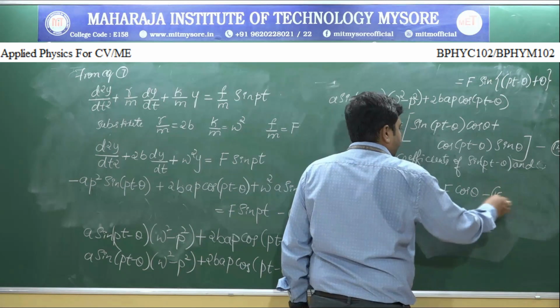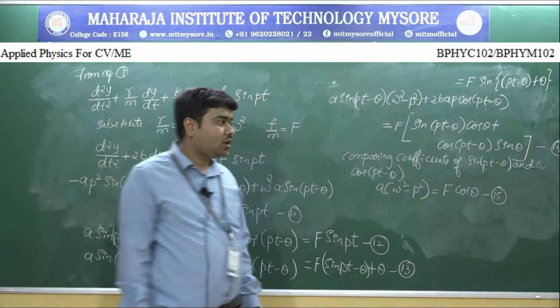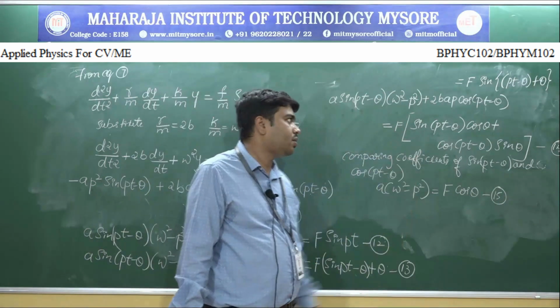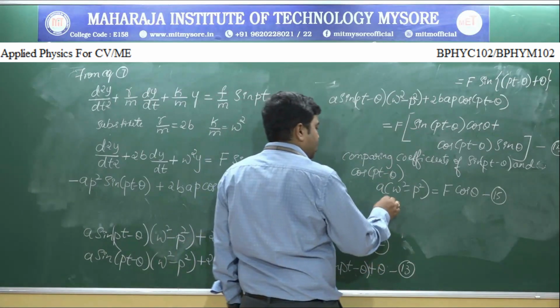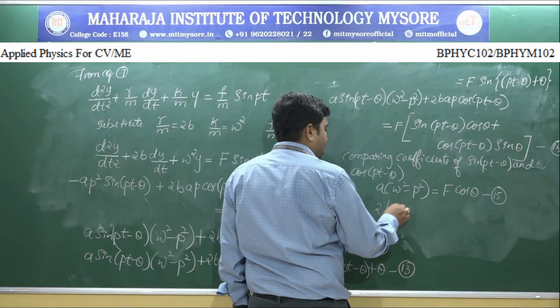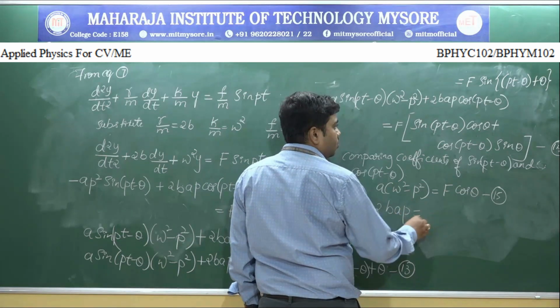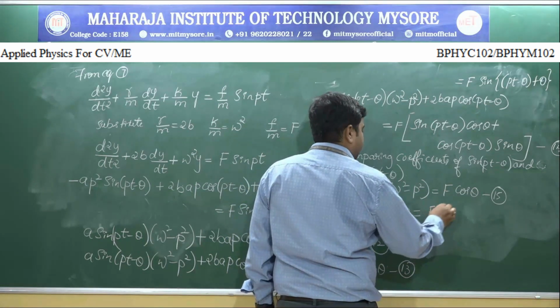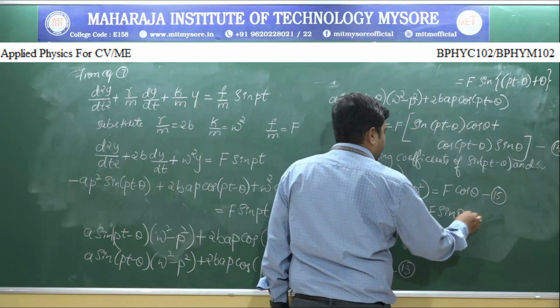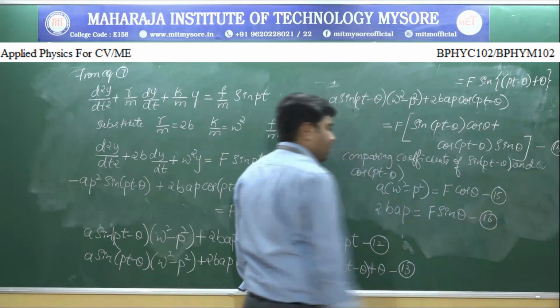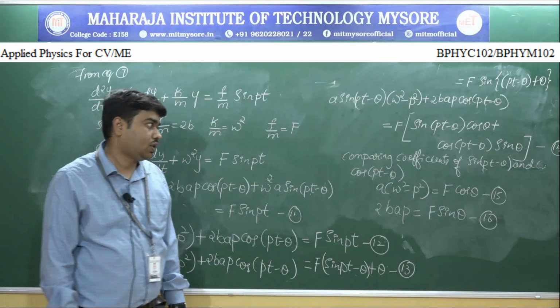We will call this equation 15. And again comparing the coefficients of cos(Pt − θ), 2bAP is equal to F sin θ. We will call it equation 16.